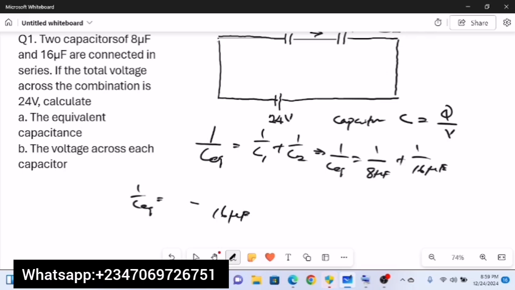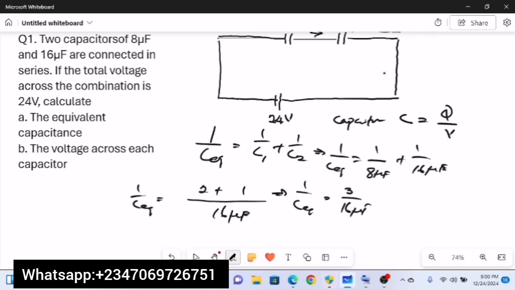So 16 microfarad goes into 8 microfarad 2 times, 2 times 1 is 2, plus 16 microfarad goes into 16 one time, 1 times 1 gives us 1. So this simply implies 1 over C equivalent becomes 2 plus 1, which is 3 over 16 microfarad.